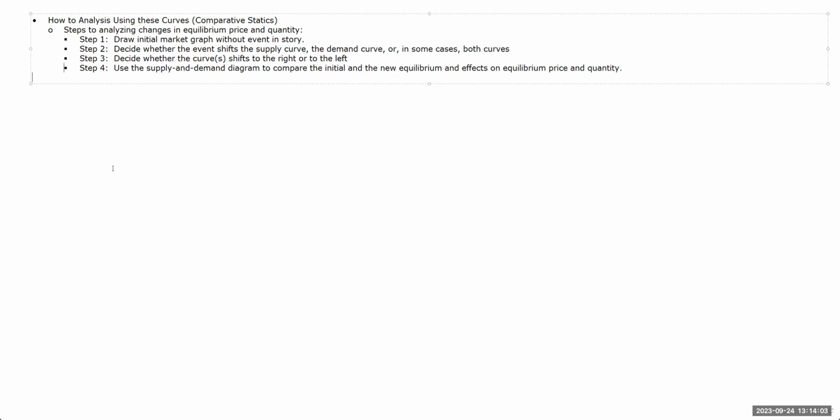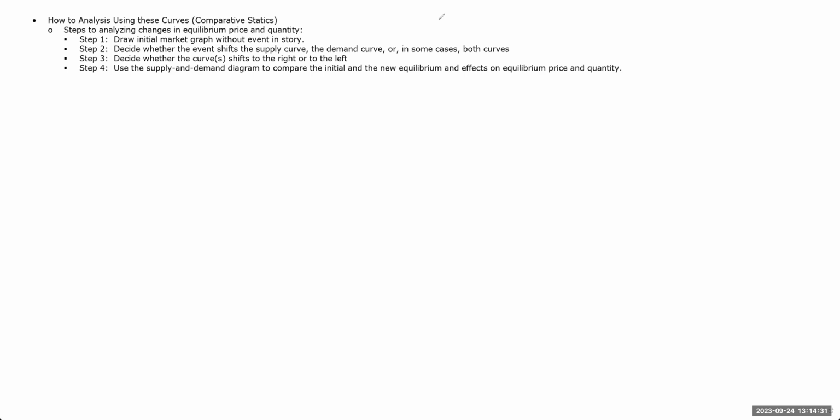What is comparative statics? Change an assumption and see what unfolds. Remember I taught you about the things that could shift the supply curve or the demand curve. We're going to change one or two of those things and see what happens to the market. I think this is the best way of analyzing this. I'm sure there are better ways, but this is the way I thought of.